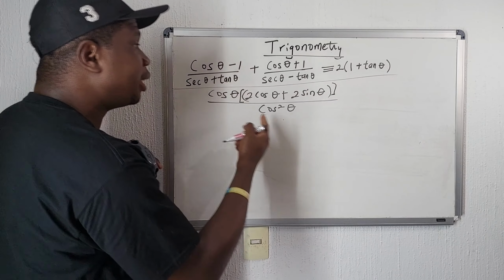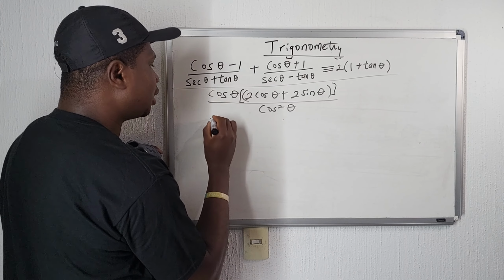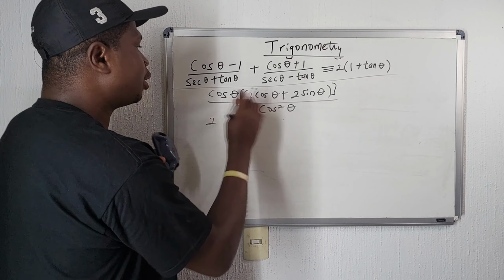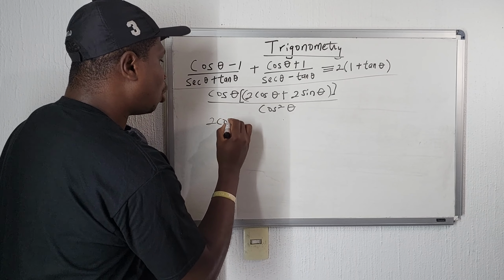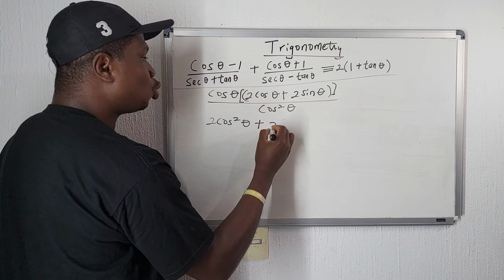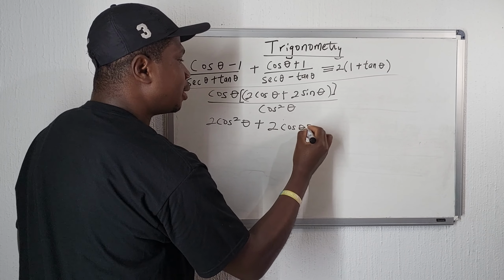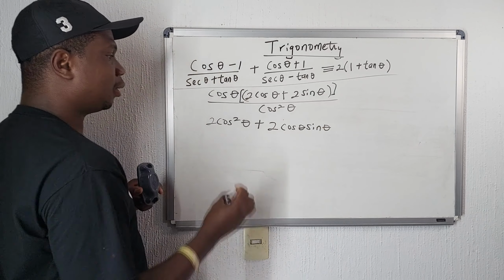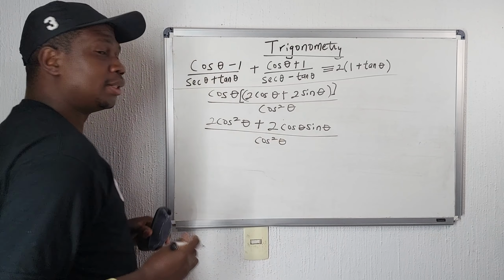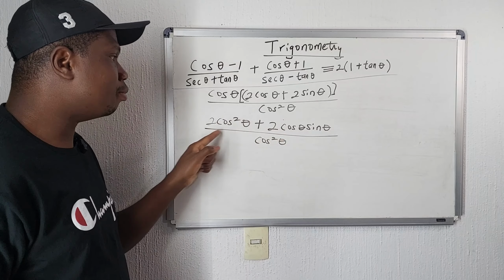But before that, something is common in between. Or I can multiply it first. Let's multiply it out. If I open this bracket, I have 2 cos square theta plus 2 cos theta and sine theta is what? Cos theta sine theta over what? Cos square theta. Now, we can see that 2 is common in between.